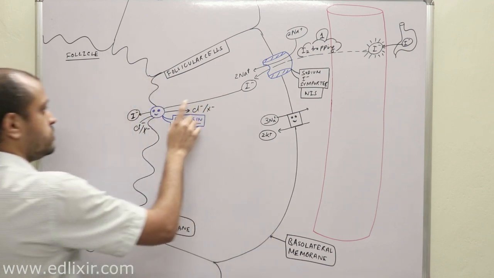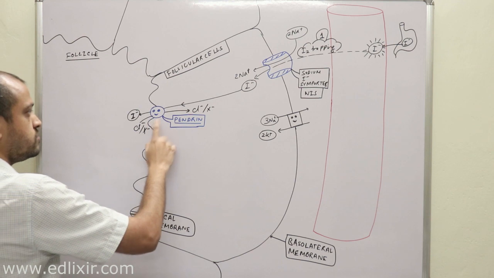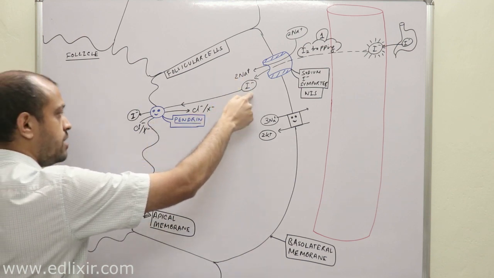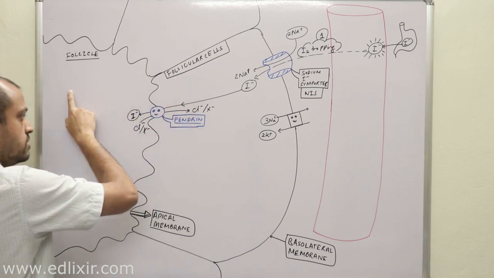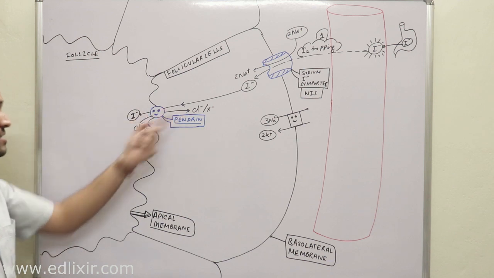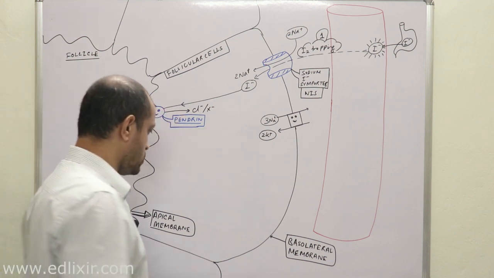With the help of the pendrin protein, iodide is carried from the follicular cell into the follicle, or follicular lumen, and in exchange chloride or any negative ion enters the cell.